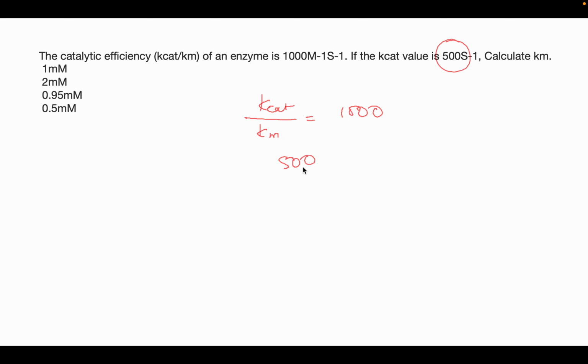So 500 upon Km into 1000. So Km will be 500 upon 1000, right? We need to calculate Km. Yeah, so it will be 500 upon 1000, so 0.5 millimolar.